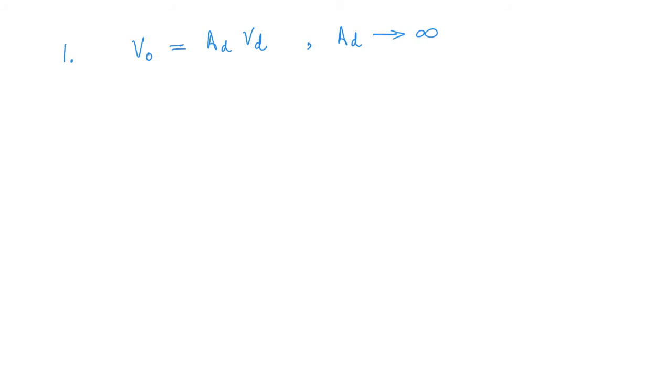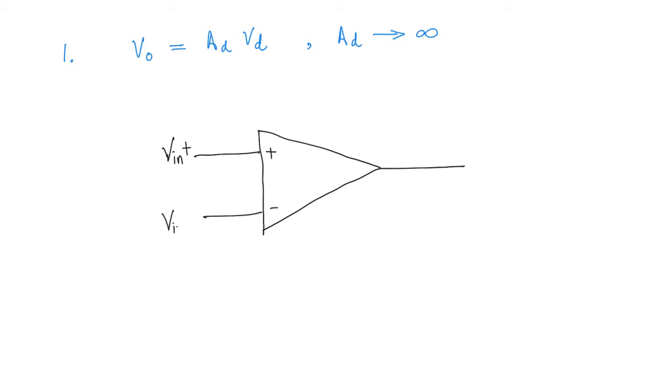Now, of course, the question you would ask is, if you have a gain of infinity, wouldn't the op-amp output always be infinite? So if you have a V in plus and a V in minus given to the op-amp, then depending upon which is greater, let's say V in plus is greater, then the difference VD is going to be positive.